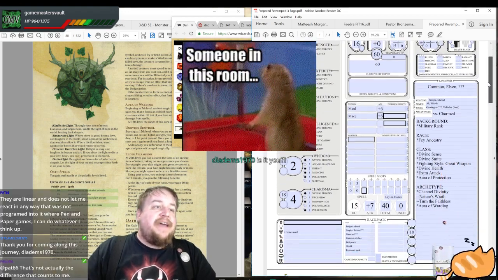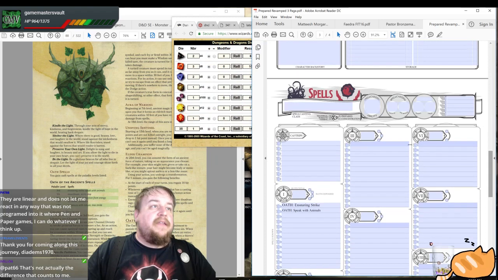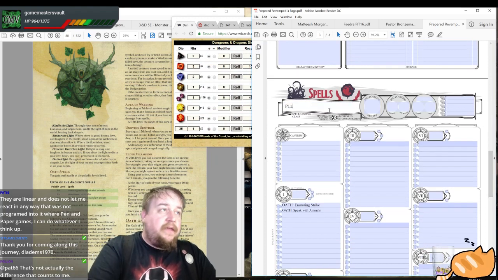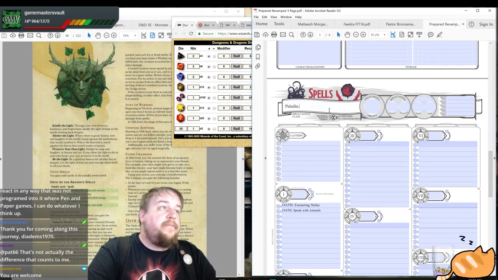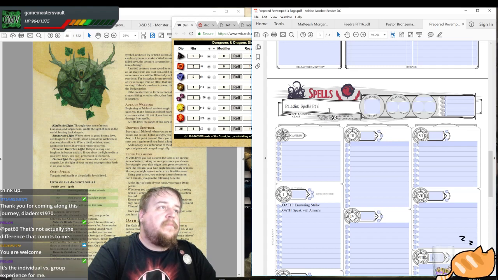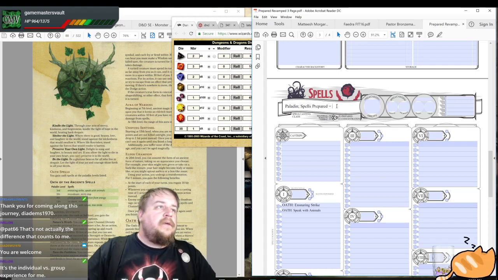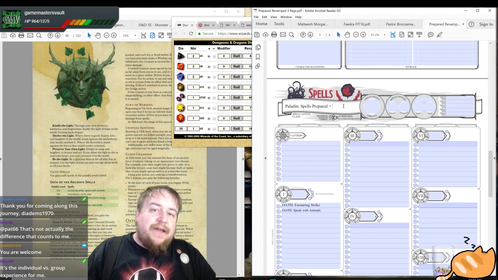Now that we have our stats, we can look at our page 3. You can prepare a number of spells as a paladin equal to your charisma modifier plus half your paladin level rounded down.